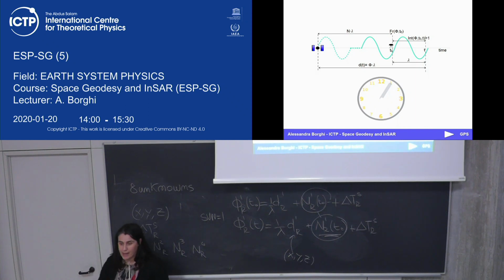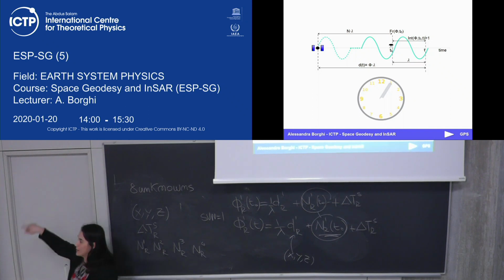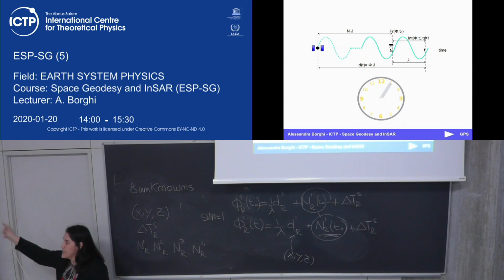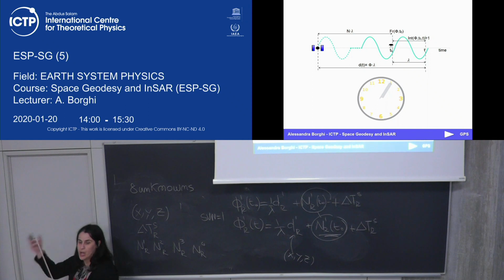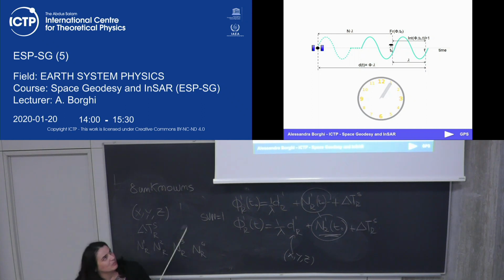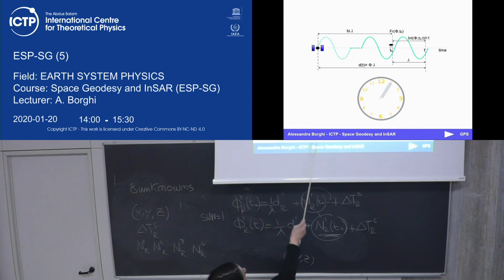But when I come back in the room, I can start to count again the time, counting the integer number of cycles. But I don't have any information about the time when we broke this arrow. Okay, it's more or less the same example, so to say. So the distance between satellite and receiver is given by the number of cycles multiplied by the wavelength.